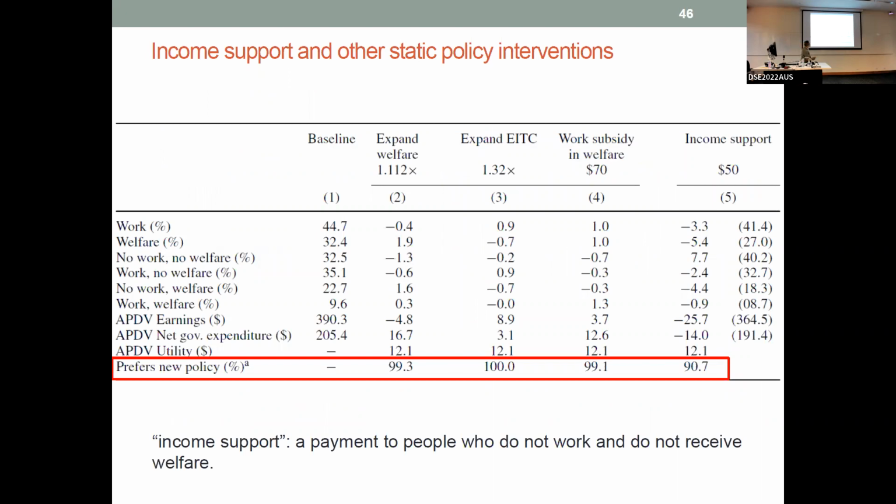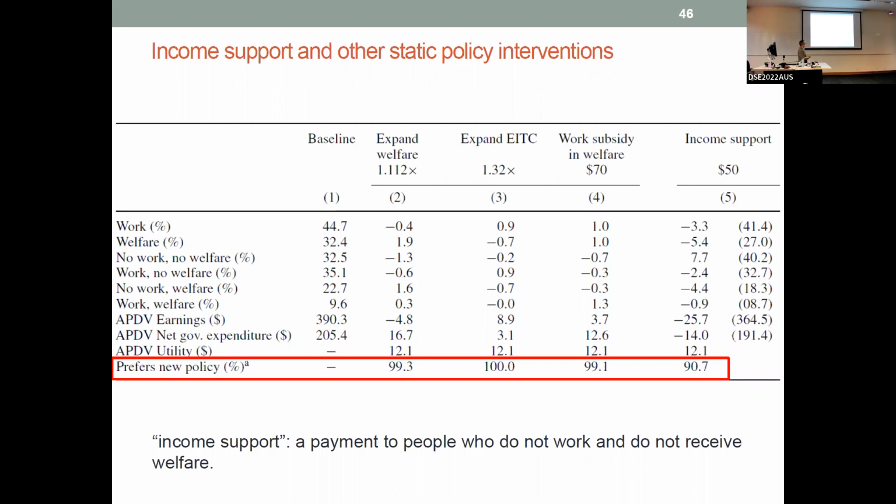Now, some last remarks about counterfactual policies. Are there policies that are specifically related to commitment device or self-control or present bias problems? So there's this counterfactual where you give a payment to people who do not work and do not receive welfare. So for people who are really idle, pay them $50 per month.